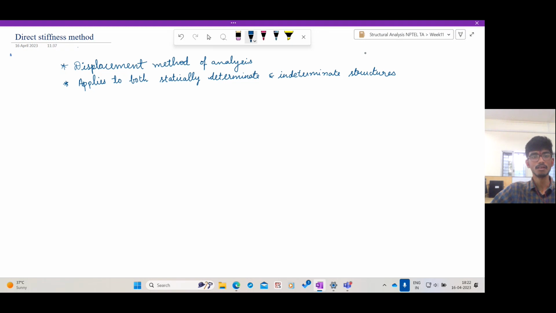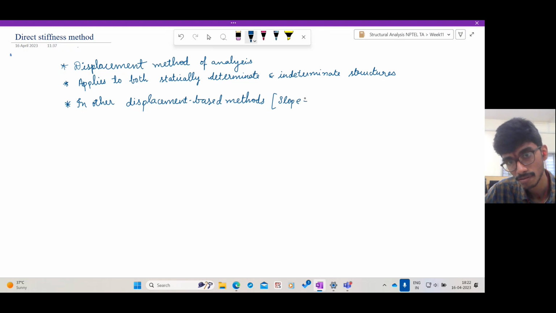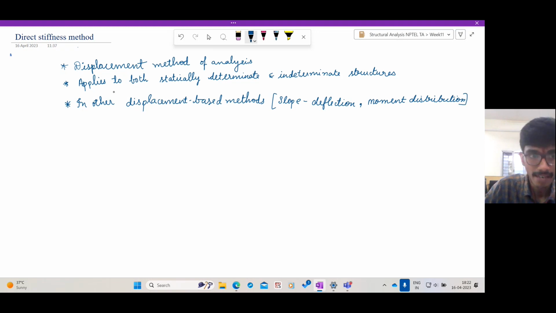Not only that, be it the slope deflection equation or the moment distribution method, in both of these other displacement-based methods we saw that getting the internal reactions, the shear force or the bending moment was not straightforward.